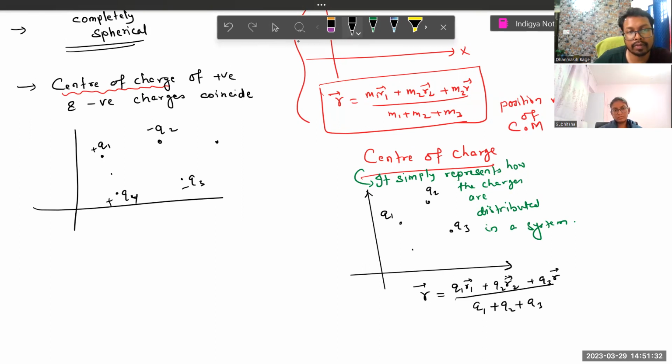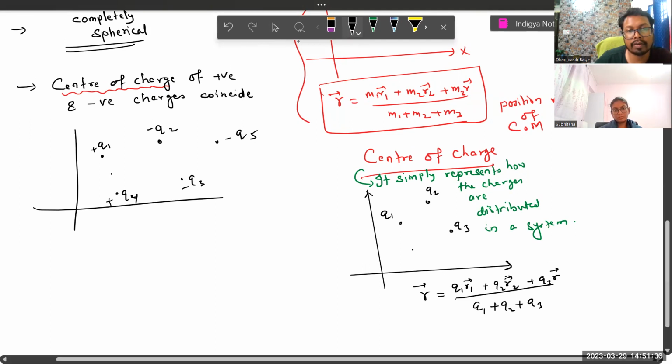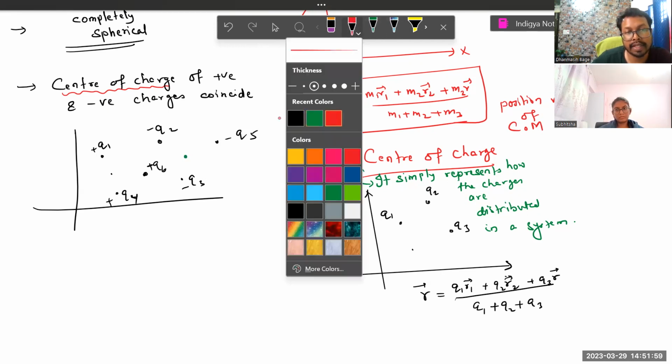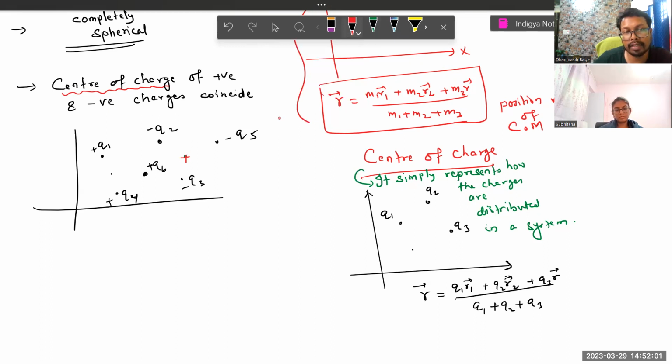Let us say there is also a negative Q5 and Q6. And the center of positive charges comes out to be here. Center of charge of negative charge also comes at the same position.